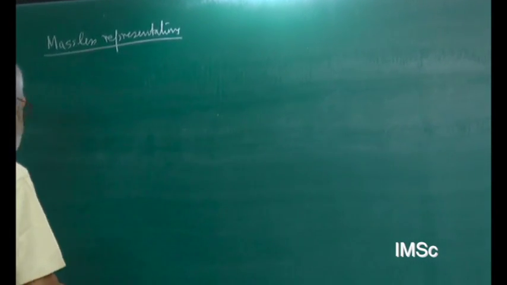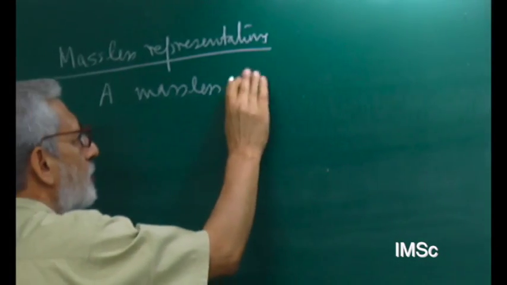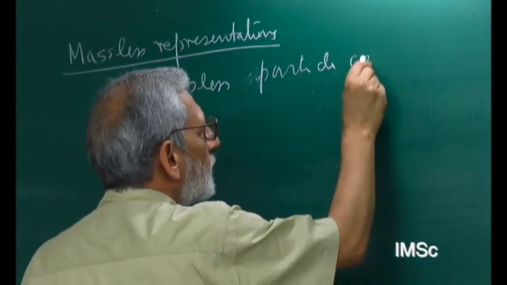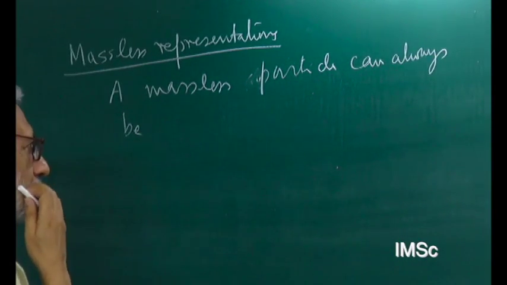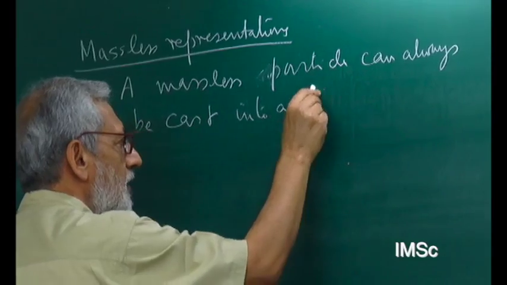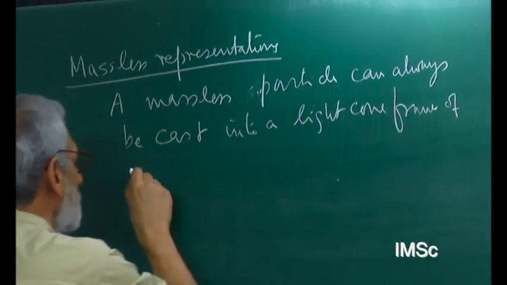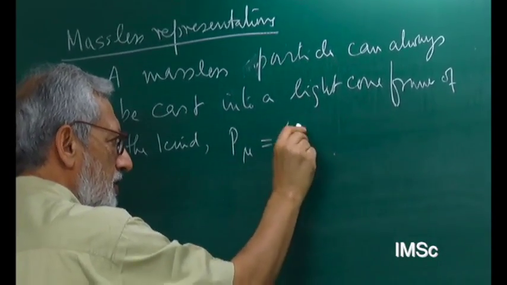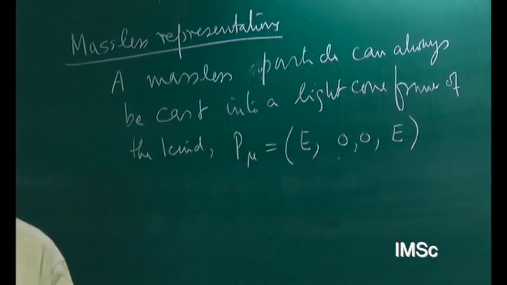Now we start with the statement that a massless particle can always be cast into a light cone frame of the kind that its momentum p^0 is E in the 0 direction and the 3 momentum is aligned along the z direction.